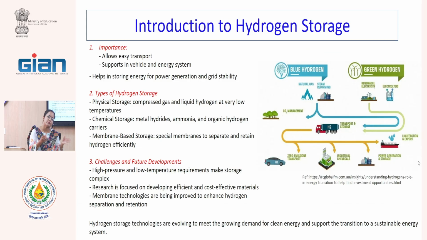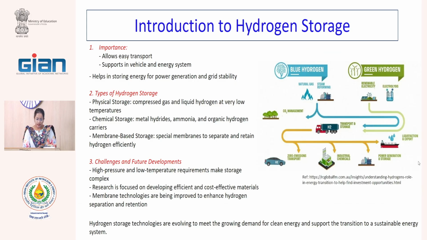Here the purpose of the membrane is that we do not have to convert the hydrogen into another form, whether a liquid form or a conjugated form, but we transport it from one place to another place with the help of a selective transport mechanism.